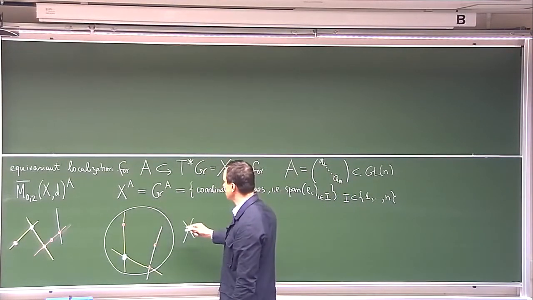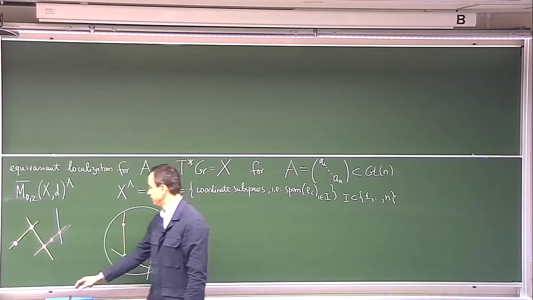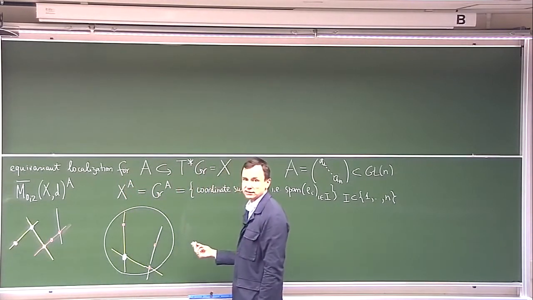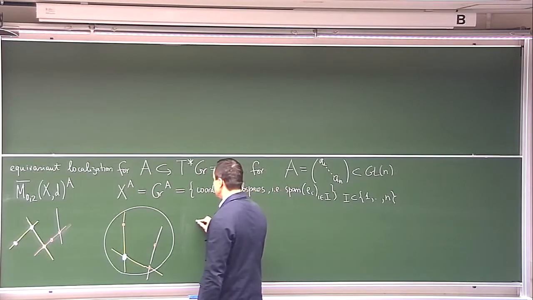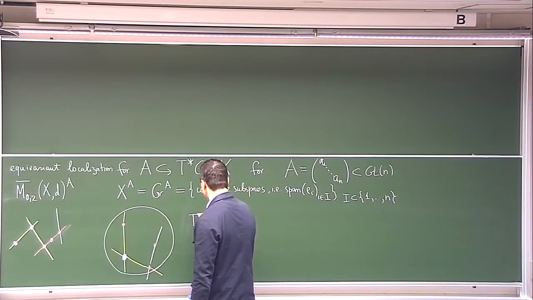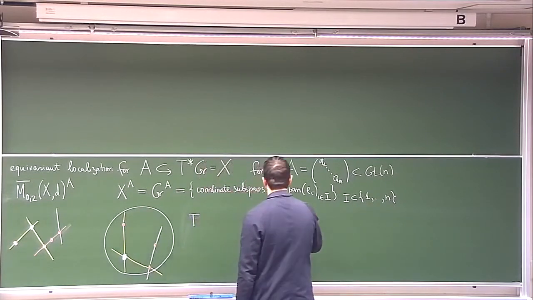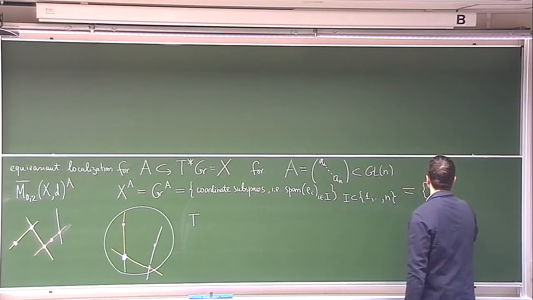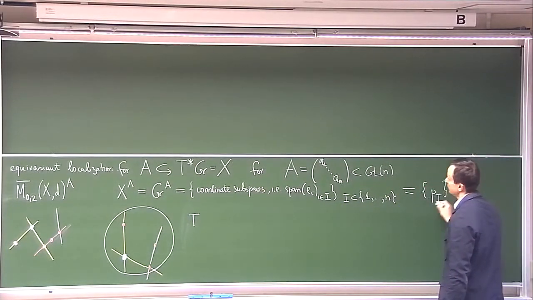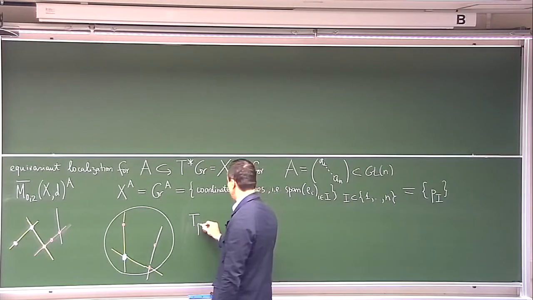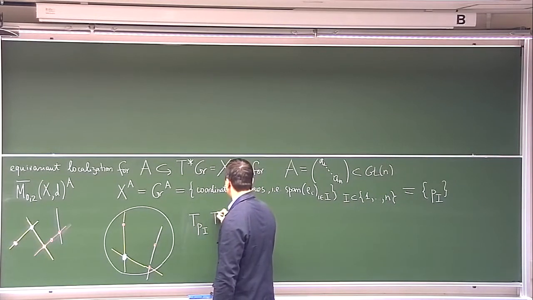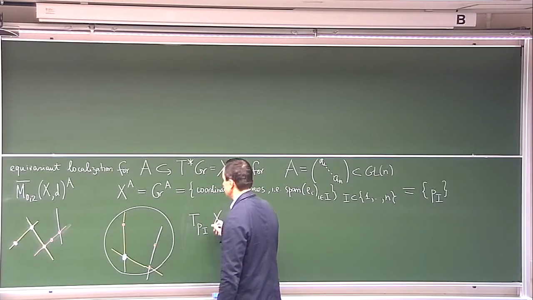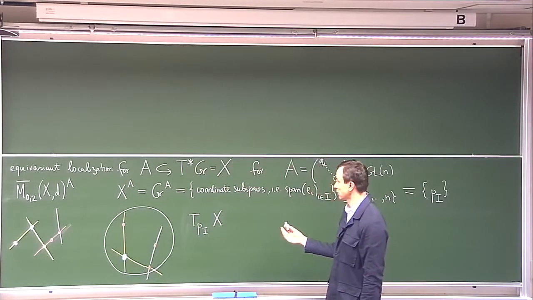So what are these one-dimensional orbits? Fixed points we discussed. But if we look at the one-dimensional torus orbits, I claim they're also isolated. In fact it's very simple. If we look at the tangent space at a fixed point, maybe call this point P sub I, we look at the tangent space at P sub I to my variety X. What is the character of that space?